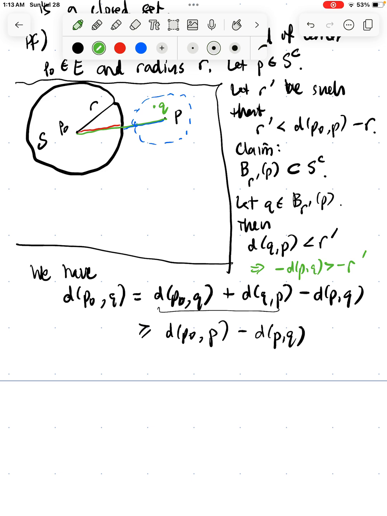And we know that the distance between P naught and P is greater than R prime plus R. So this minus the distance between P and Q, but R prime minus the distance between P and Q is greater than 0.